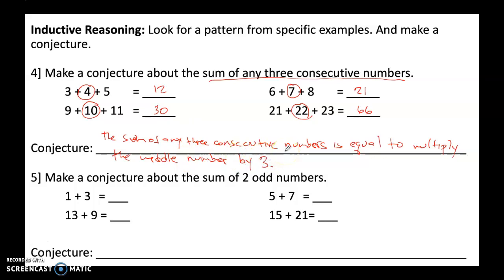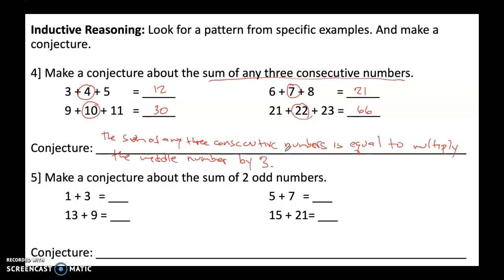So again, our conjecture: the sum of any three consecutive numbers is equal to the middle number multiplied by 3, or it's equal to the product of the middle term and 3.